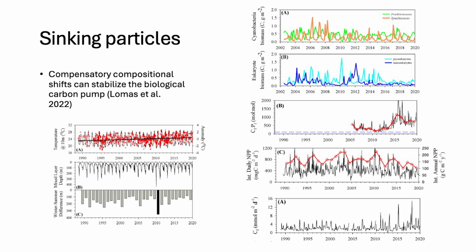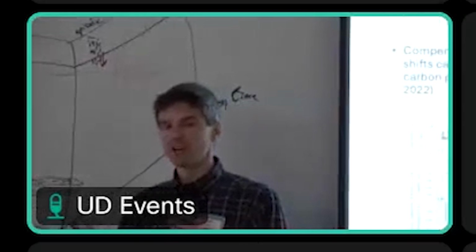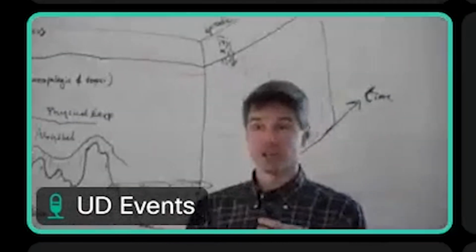And the reason the export flux stayed high is that when you got this switch to cyanobacteria dominating the community, those cyanobacteria had a high carbon to phosphorus ratio. So even though the flux of phosphorus into the euphotic zone was decreasing substantially, the carbon flux stayed the same because the carbon to phosphorus ratio of the sinking material had increased.